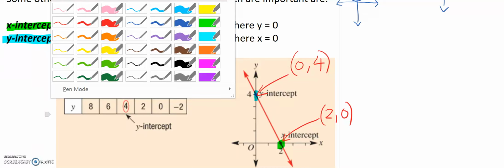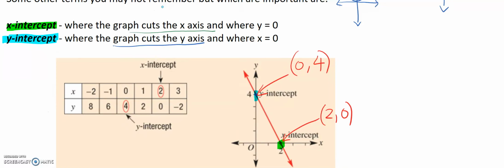And that is again shown on our table. So if you have a look at our table, this is where our y-intercept is. Our x-coordinate over there is 0. Likewise, this is where the x-intercept is, over there.